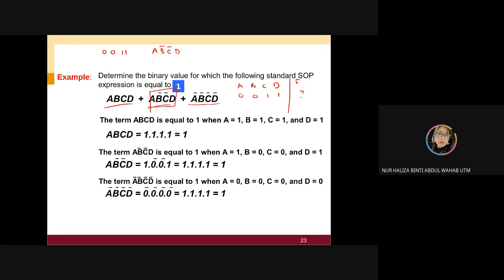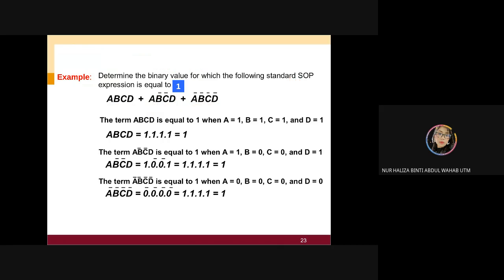Then you have A is 0, B is 0 bar, C is 1 bar, and D is 1. By using the AND, you see A is 0, so you will get 0. Still you're going to get 0 because of this part.